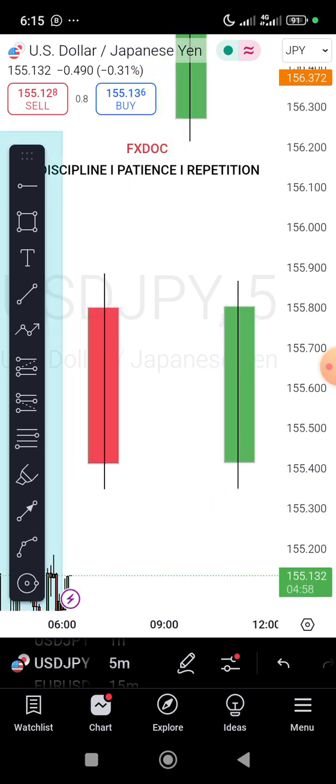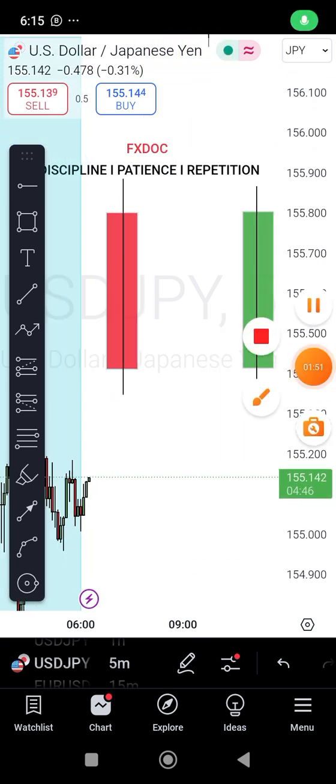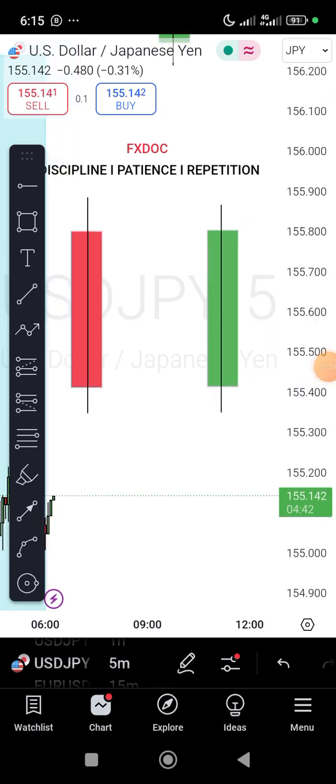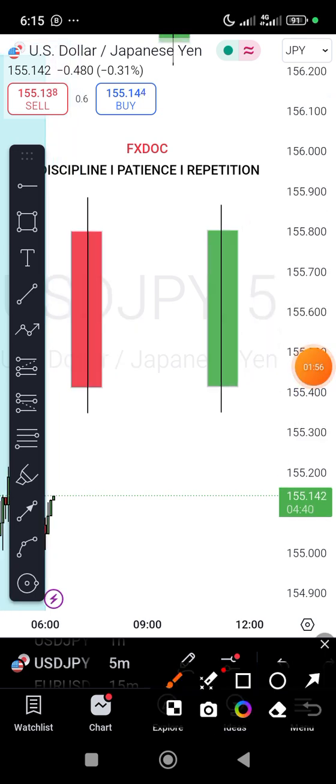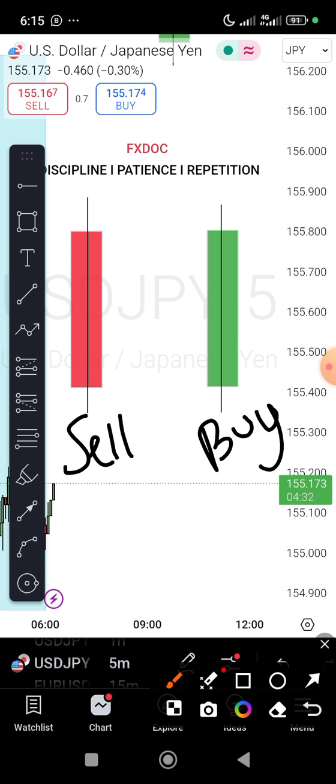Here we have the buy and the sell candle. In this case, this red one is a sell candle, and this green one is a buy candle. I will explain why one is a sell candle and why one is a buy candle.